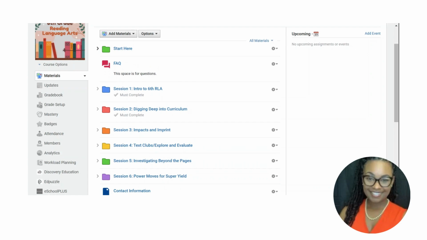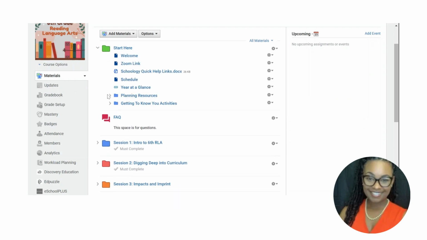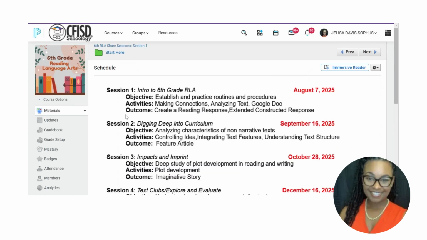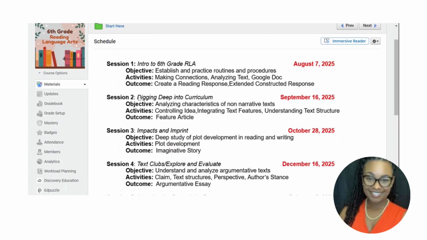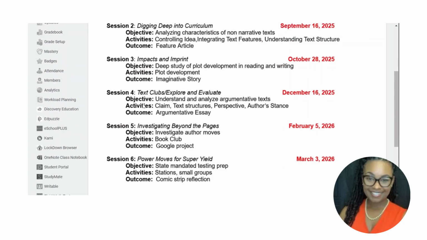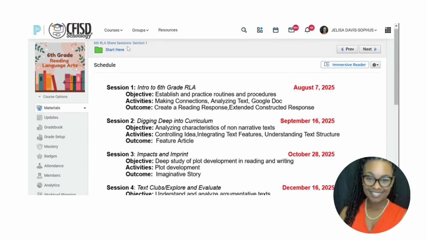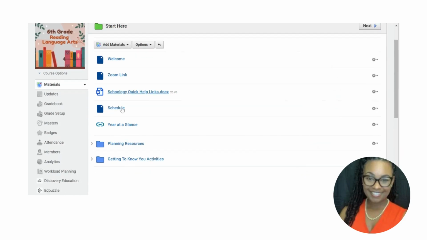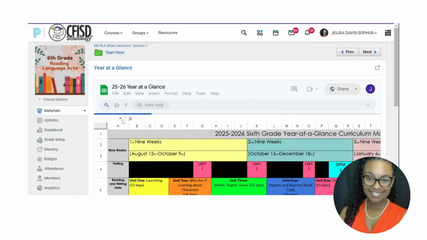Whenever I am sharing my main course and goals as well as my outcomes, those are going to be here within the Start Here page. Those can be found not only on the schedule, where the sessions will tell you the objective, activities, and outcomes of all of the sessions throughout the school year, but you can also find them on the year at a glance.